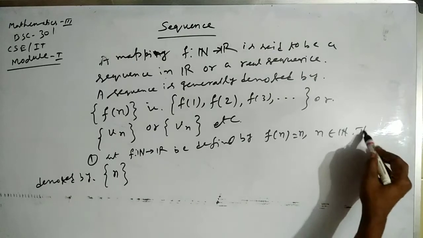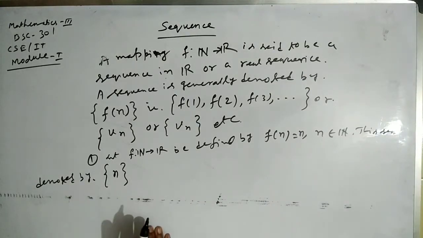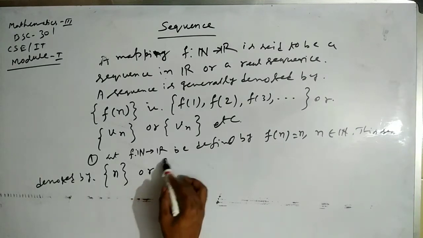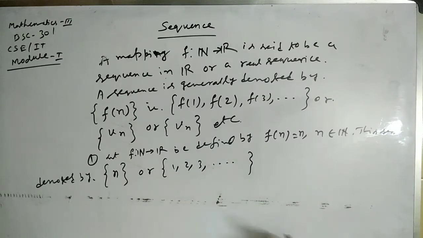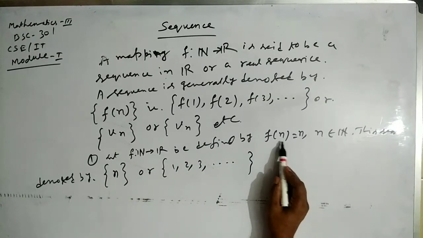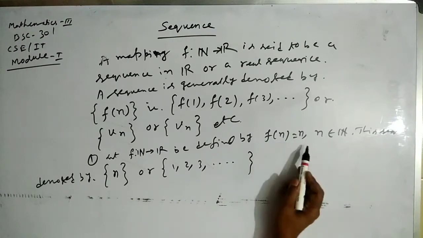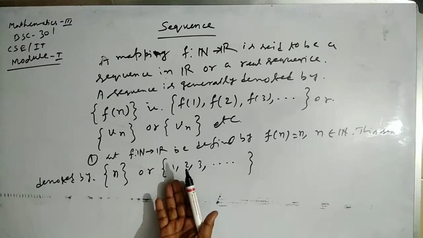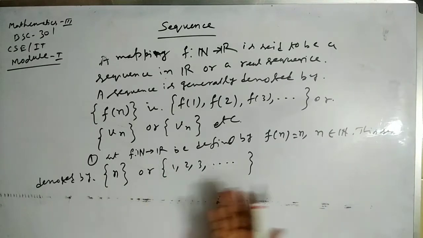This sequence will be denoted by {n}, or you can also denote it by 1, 2, 3, and so on. That is, for f1 it will be 1, for f2 it will be 2, for f3 it will be 3. So you can write the images for denoting the sequence.